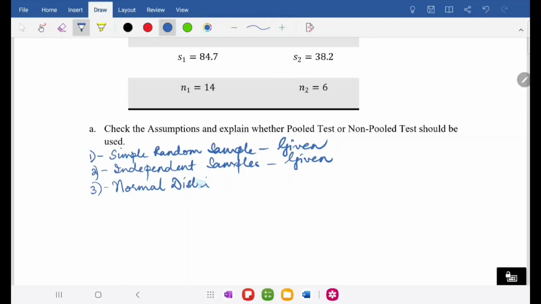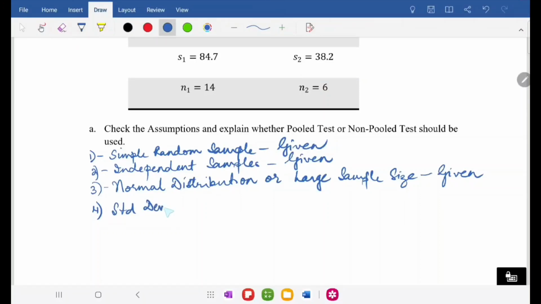Number 3 is it's a normal distribution or large sample. Now the sample size is really not large enough, but let's say that it's given that it's a normal distribution. However, the final criterion is to compare the two standard deviations, all right? So standard deviations are not equal.